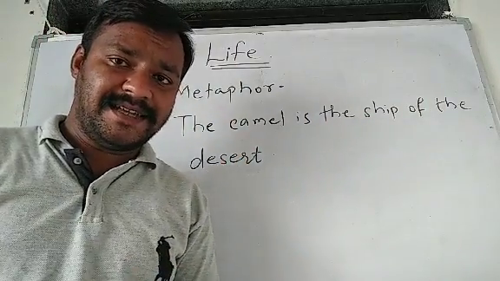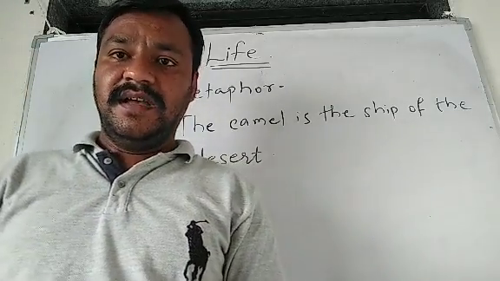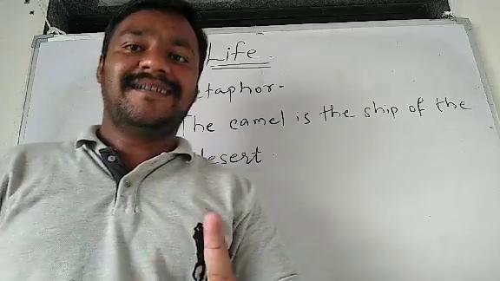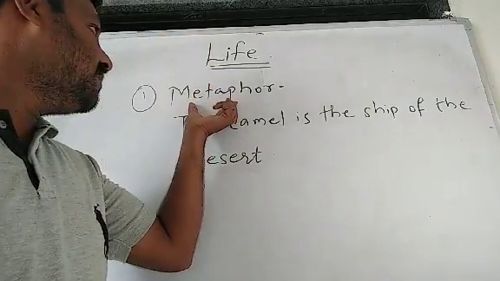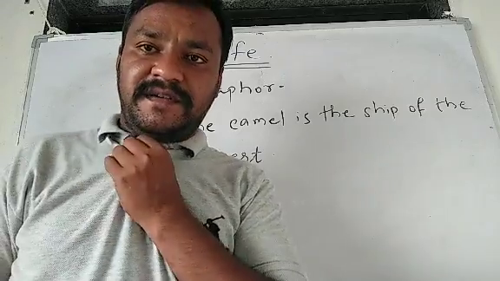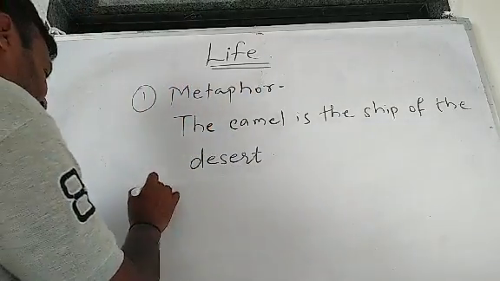So friends, in this example, camel is indirectly compared to sheep, isn't it? And both are used for transportation, an equal feature. Such kind of examples are used in metaphor. Metaphor is a figure of speech. The second figure of speech is personification.